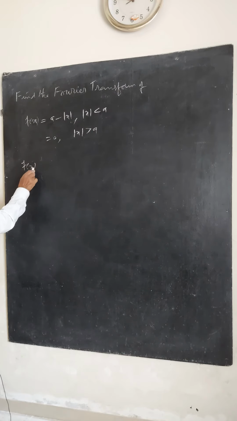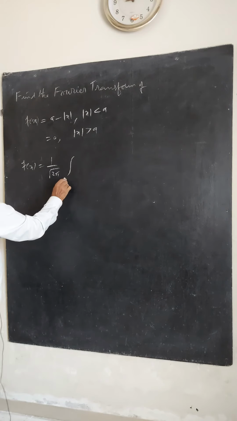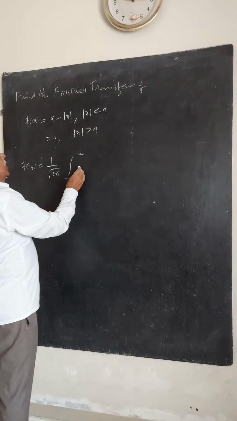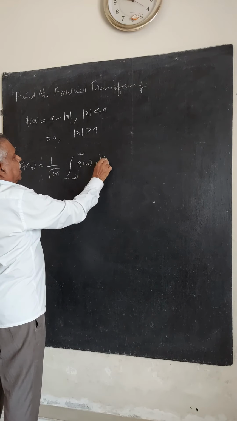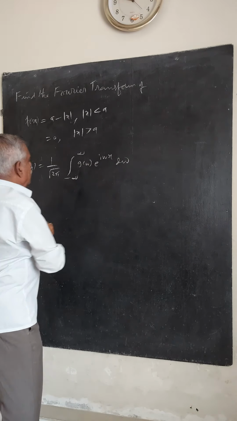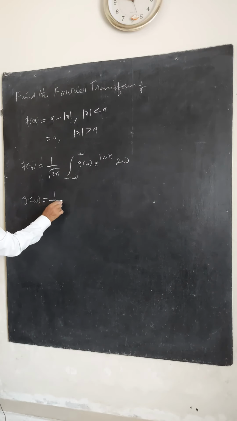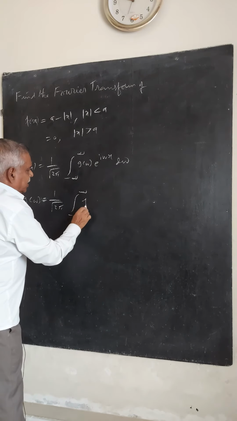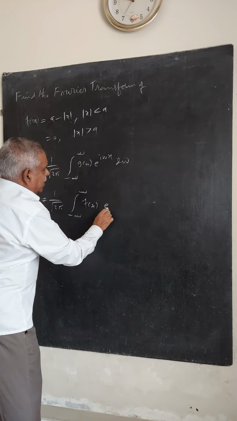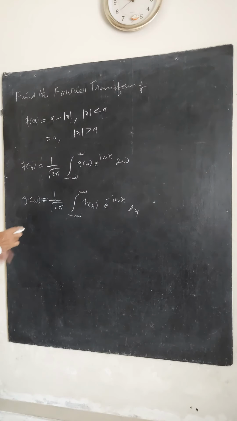Write the formula: f(x) = 1/√(2π) ∫ from −∞ to +∞ of G(ω) e^(iωx) dω, and G(ω) = 1/√(2π) ∫ from −∞ to +∞ of f(x) e^(−iωx) dx.